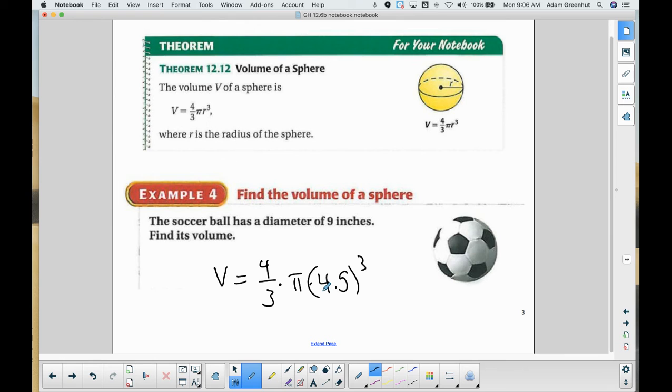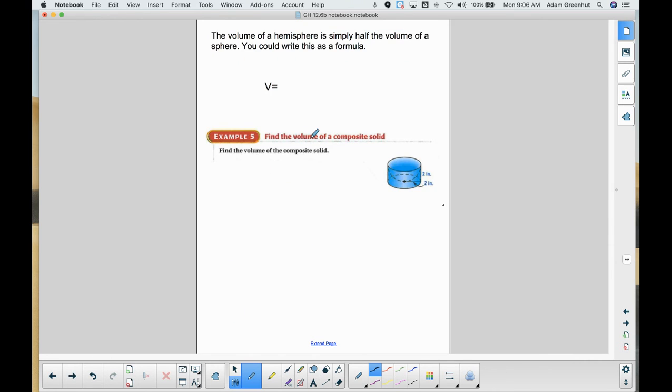And I'm getting, let's see, 121 and a half, 121.5. And that's inches cubed. There you go. Very simple. Once you know the formula, let's just plug into the formula.